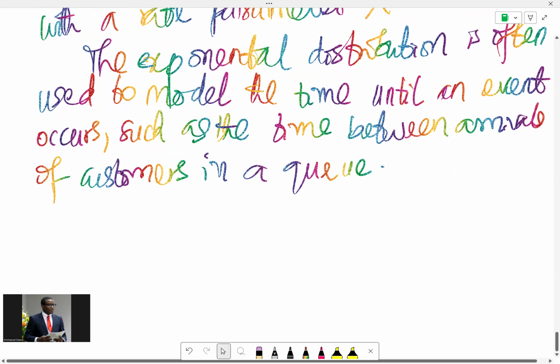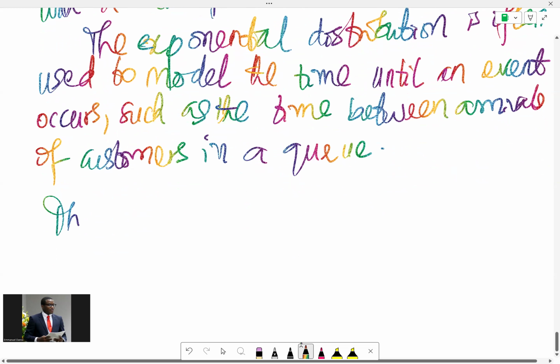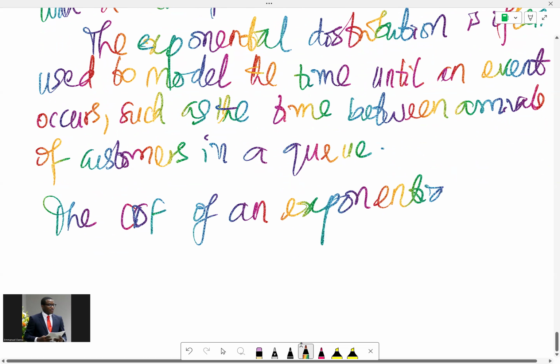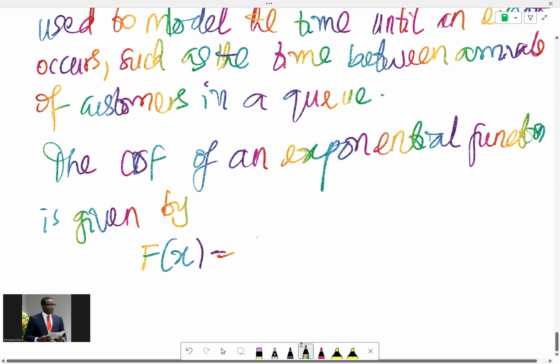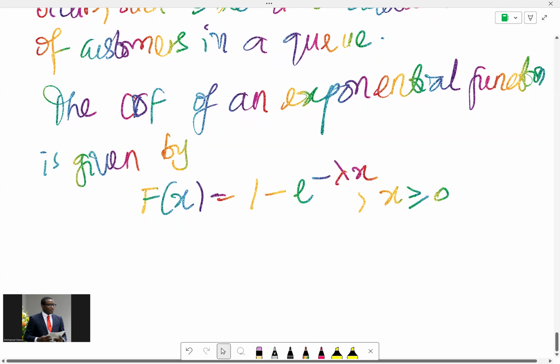Okay, so the CDF, the cumulative distribution function of an exponential distribution, is given by F of x equals 1 minus e raised to the power minus lambda x, where x is always greater than or equal to 0. That's the CDF of an exponential distribution.